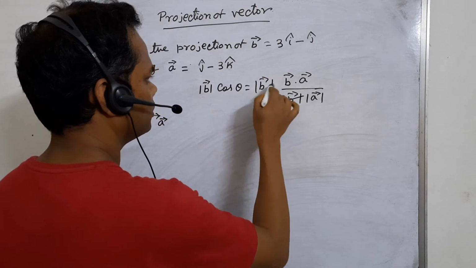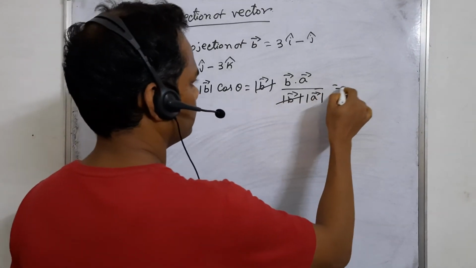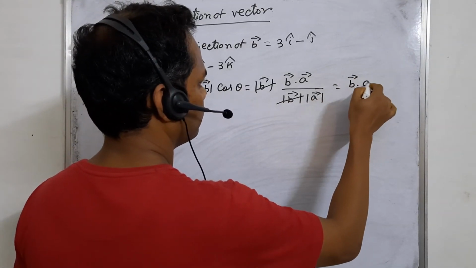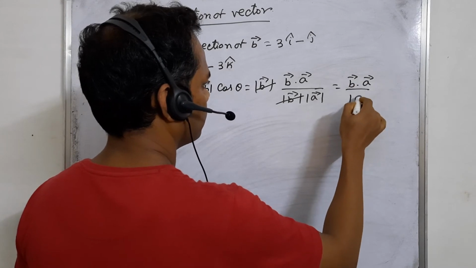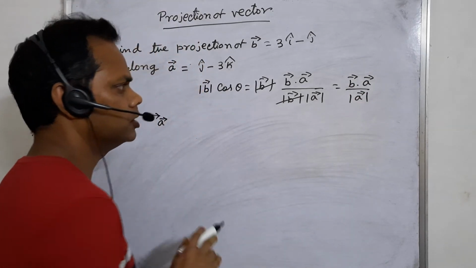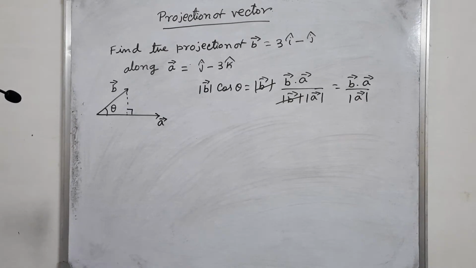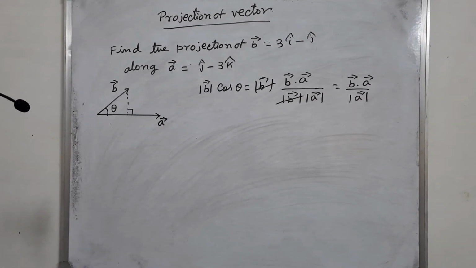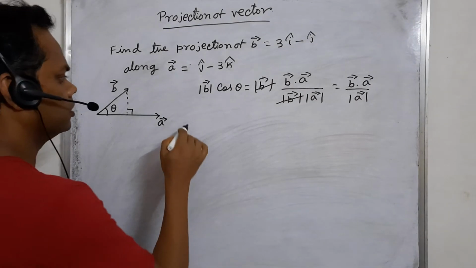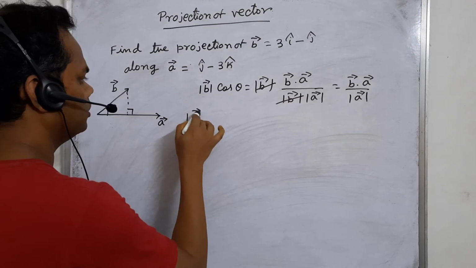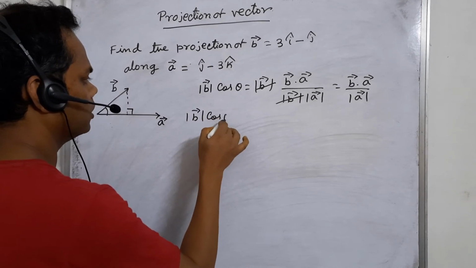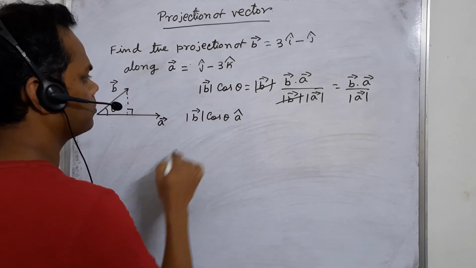By cancellation, this is b vector dot a vector by modulus of a vector. This is the magnitude, and for the direction we take modulus of b cos theta times a cap.